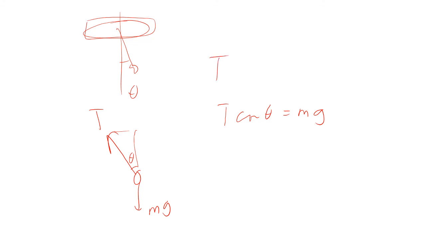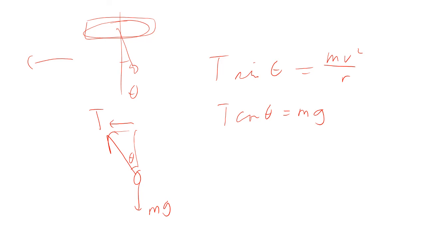T sine theta, the horizontal component, is actually what's pushing, because the fuzzy dice or whatever that's hanging from the mirror have to go with the car around the curve, and so there has to be a force on them that way. So there has to be a centripetal force. So T sine theta is the centripetal force. Centripetal force is mv squared over r.